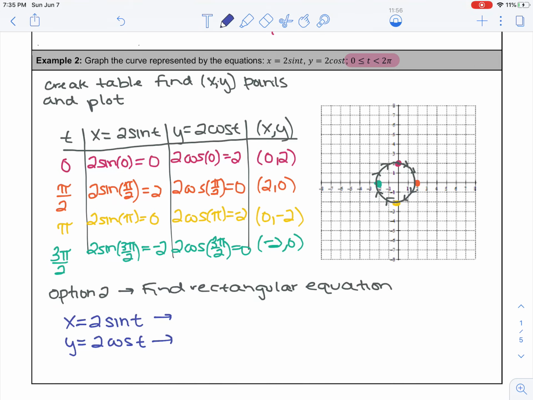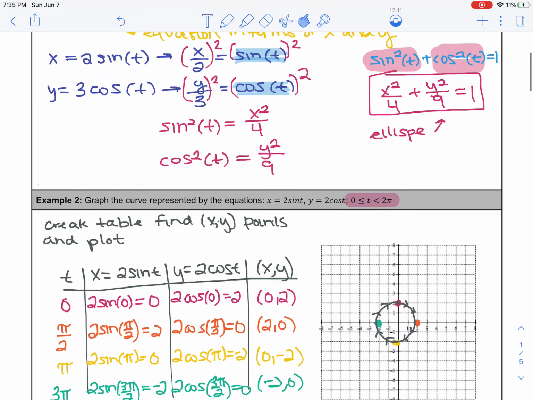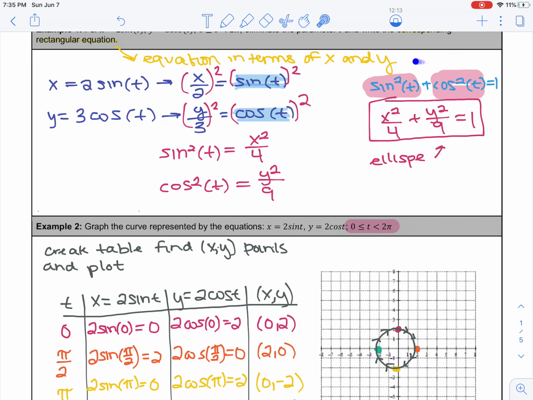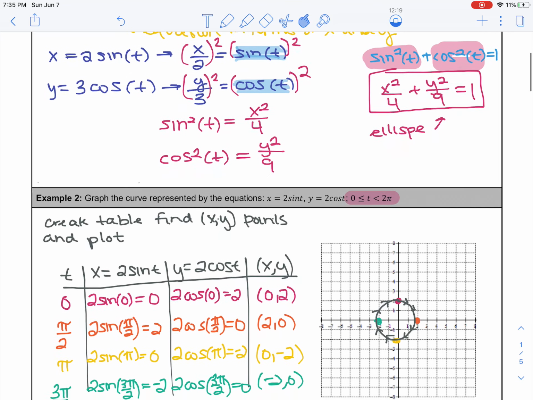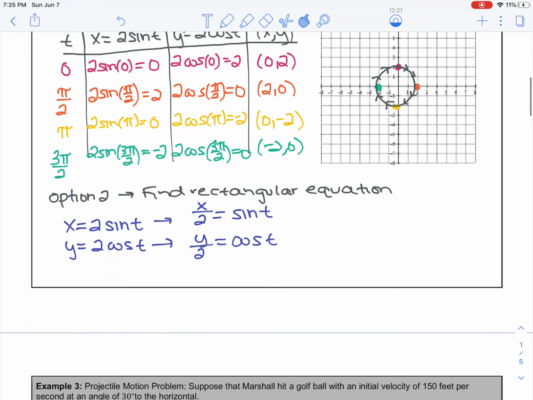So we know from here that we get x over 2 is equal to sine of t, and y over 2 is equal to cosine t. Reminder that we rely at this point on the Pythagorean identity, sine squared t plus cosine squared t equaling 1.